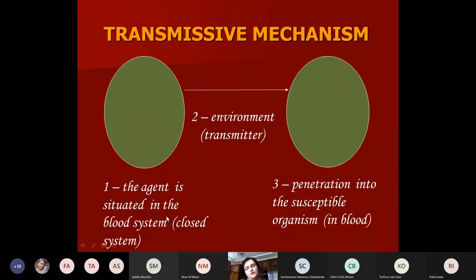The agent is situated in the blood system, like a closed system, and only by the vector can it be moved from this closed system and by the environment, but exactly inside the transmitter, inside the vector, it can penetrate into susceptible organisms, the third chain of the epidemiological process.